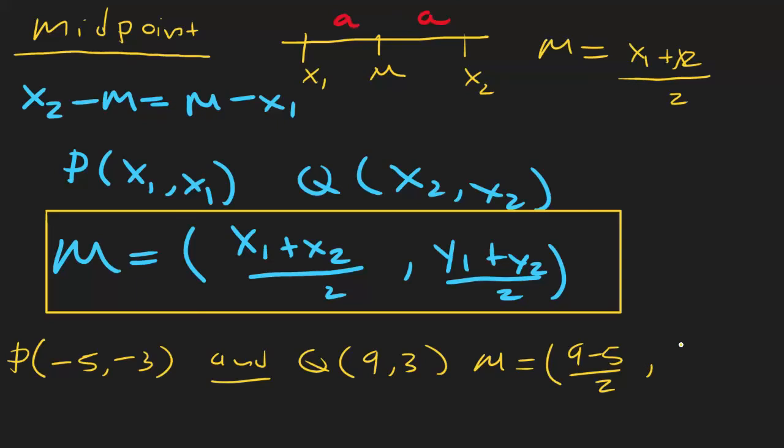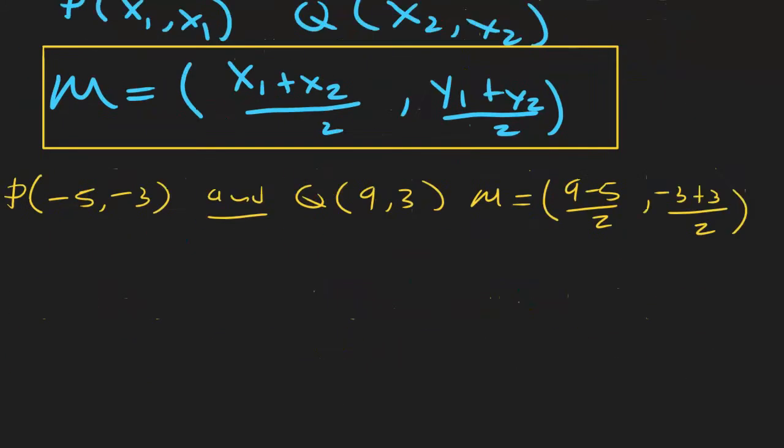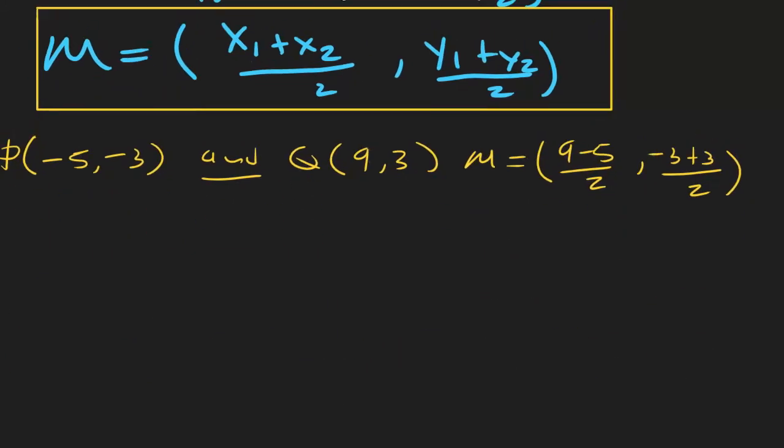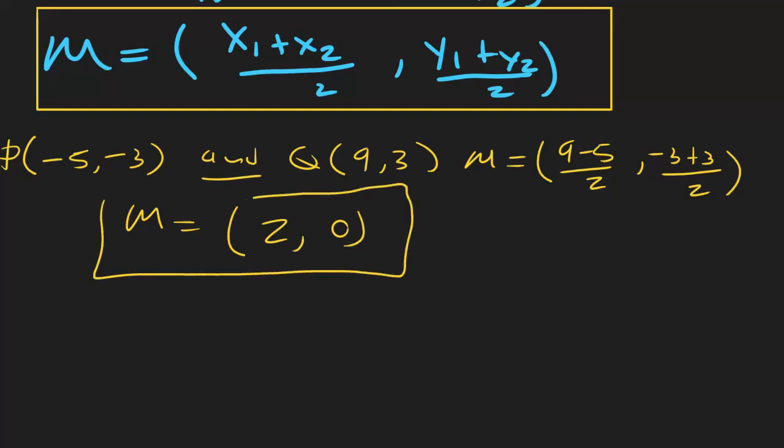This gives us that the midpoint is equivalent to 4 divided by 2, so that's 2, and then -3 plus 3 is 0, divided by 2 is 0. So we found our midpoint.